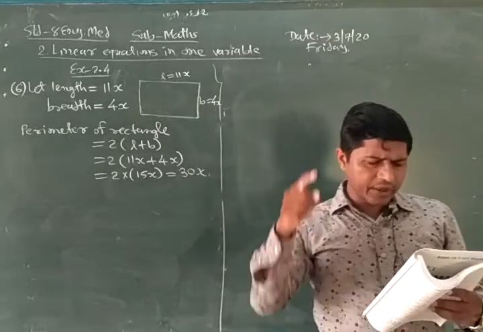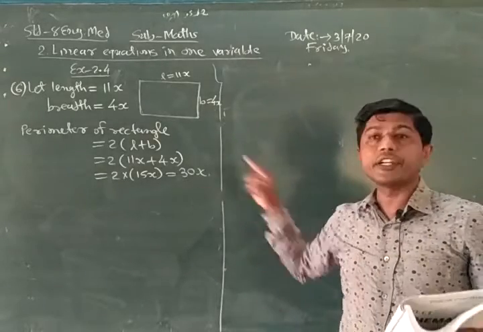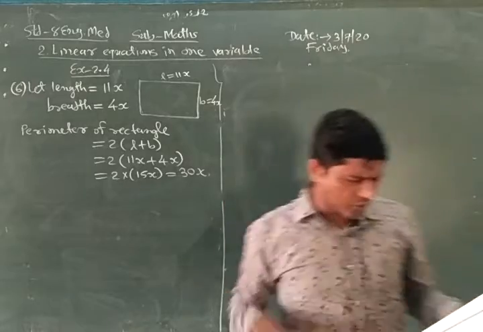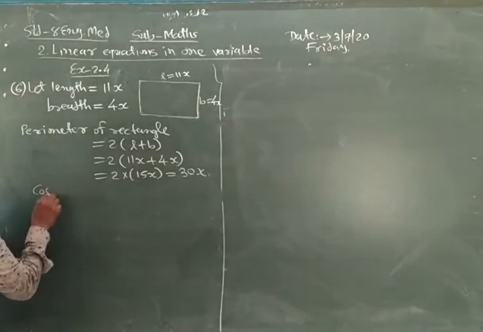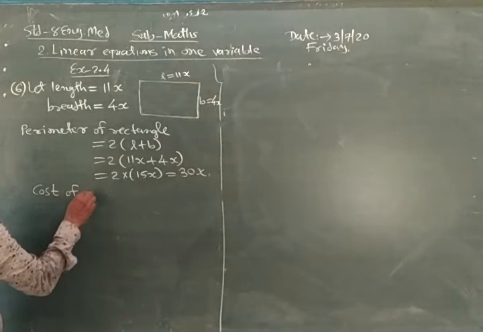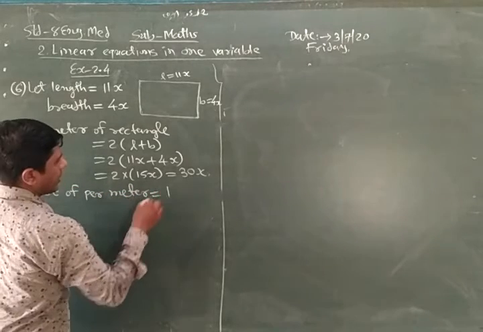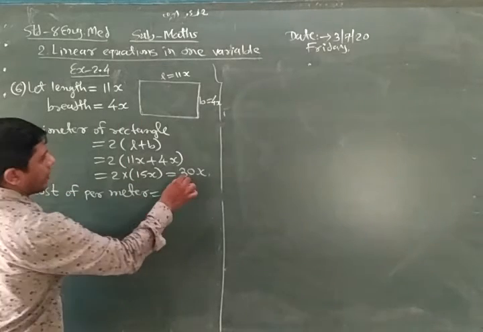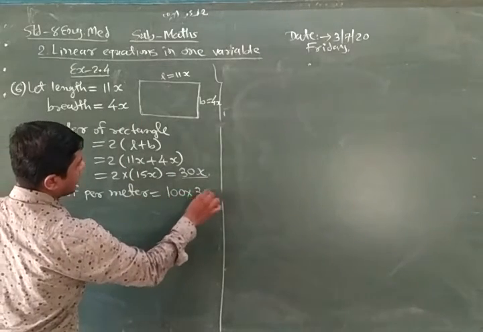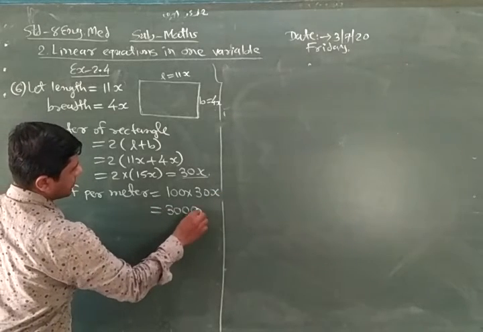Now given here, per meter cost is ₹100, and we have 30x meters. So first find out the cost. 1 meter is ₹100 given, and total is 30x, whose x value we want to find. So multiply, so 3000x.